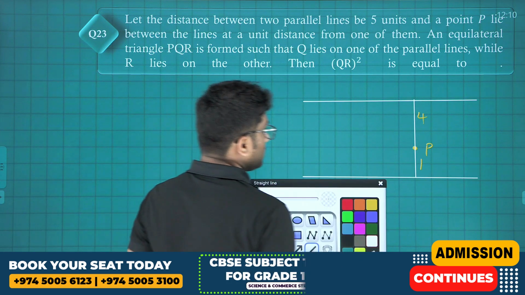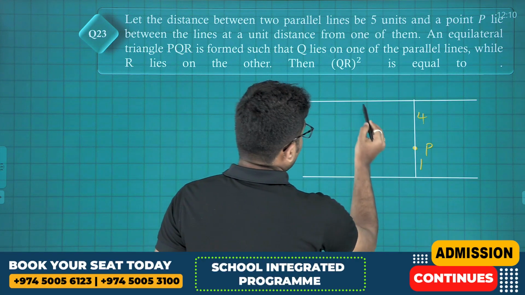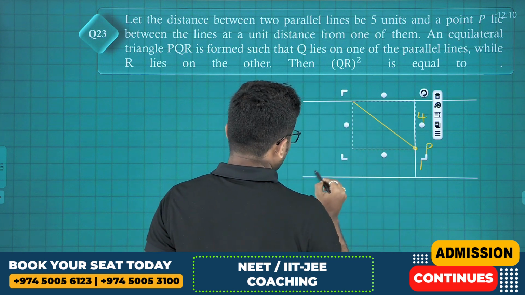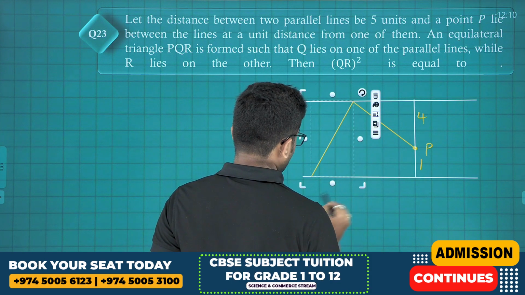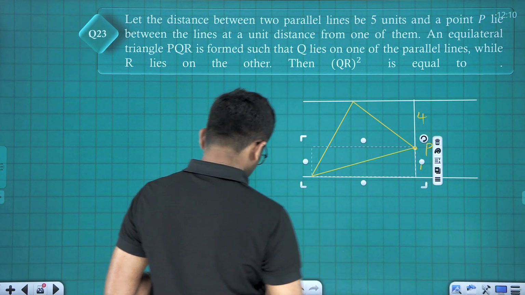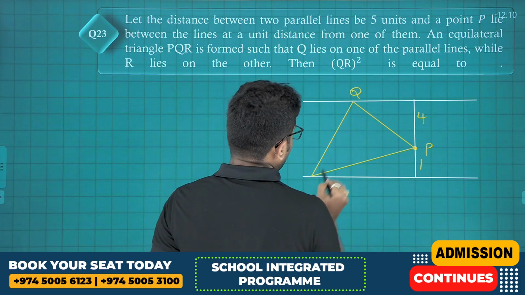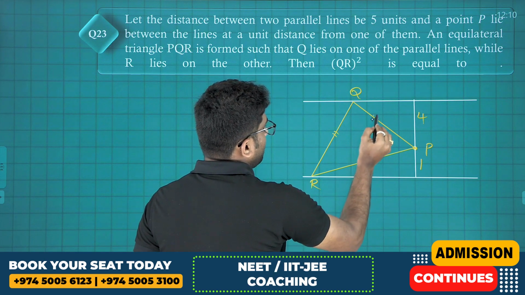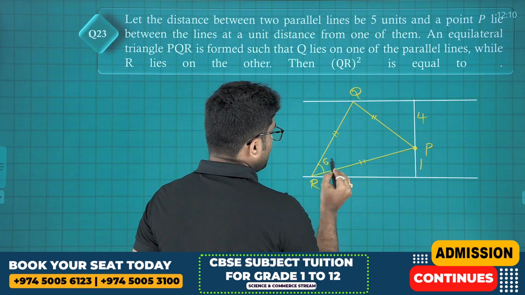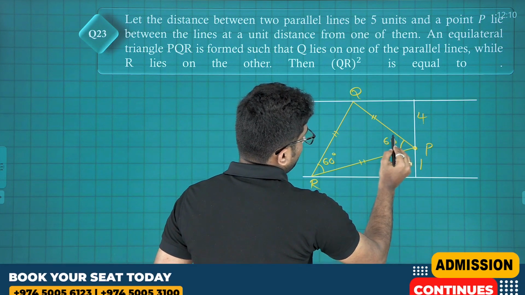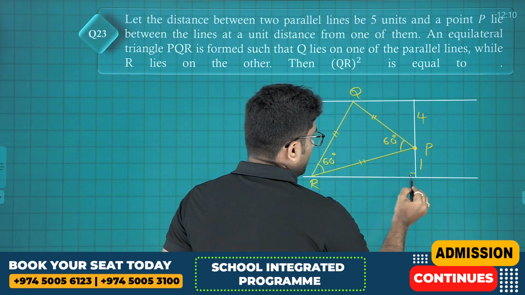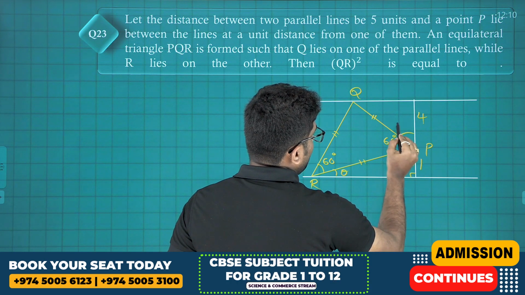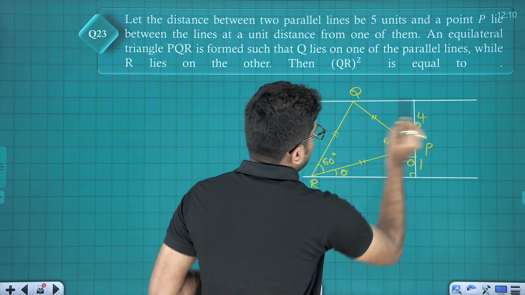There are two more points, Q and R. PQR is an equilateral triangle, so all the sides should be the same. Each angle is 60 degrees. This is 90. Suppose if this is some theta, this will be 90 minus theta, and this will be 30 plus theta.